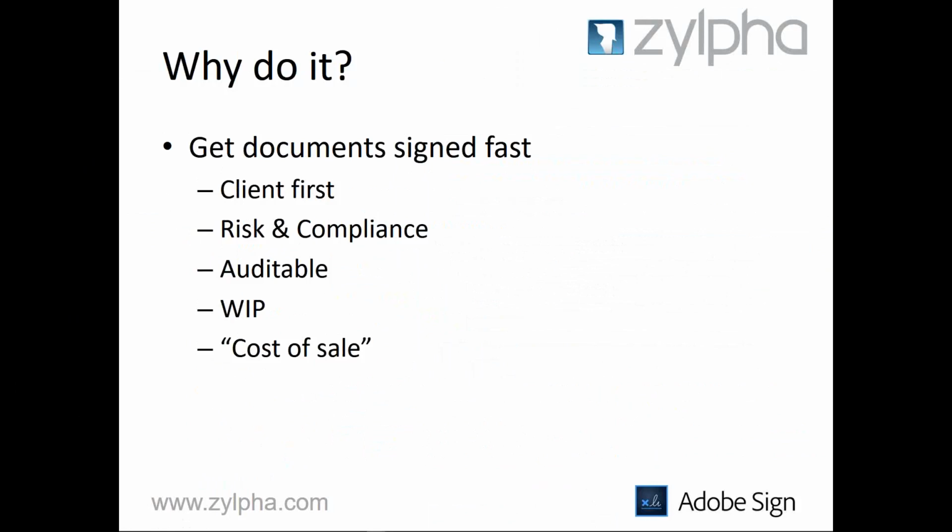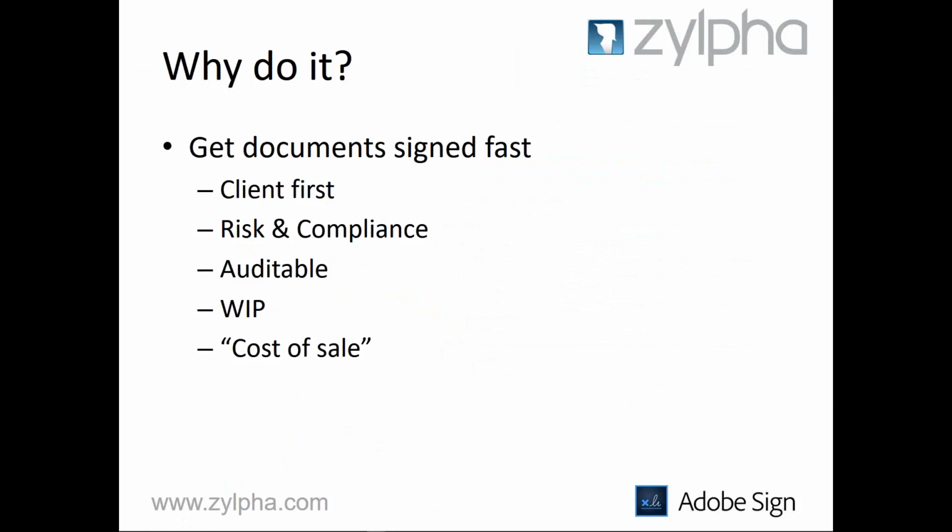Risk and compliance is another probably fairly obvious one. Up until this kind of technology, if you're looking at auditing your terms of business letters, or Rule 15 letters as they used to be in the olden days, really there is no way to do that on paper, unless you've got somebody who's checking all of these things as they come back in. Now that makes compliance a separate activity.